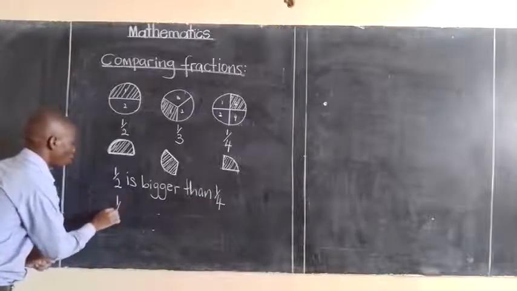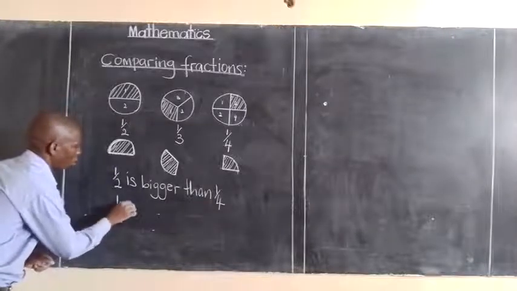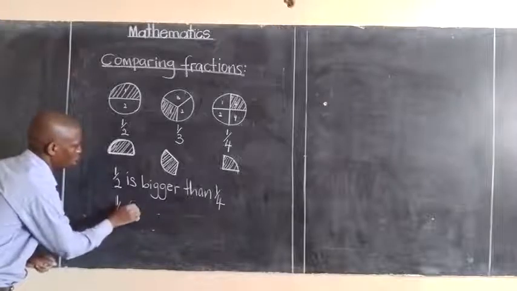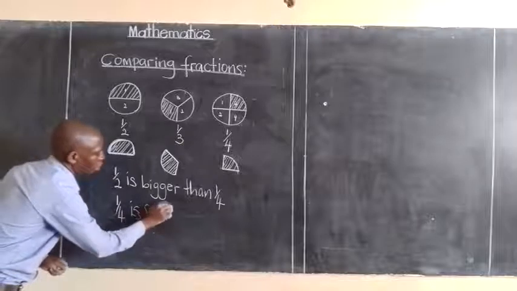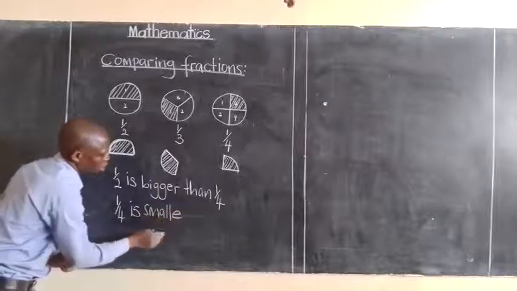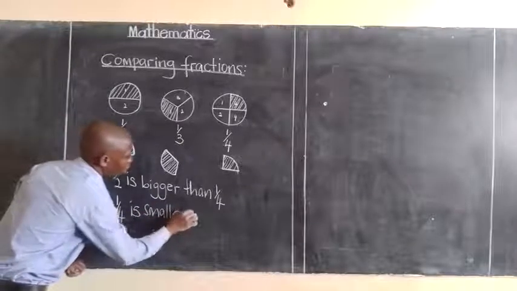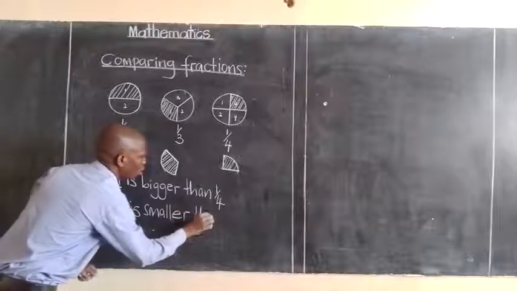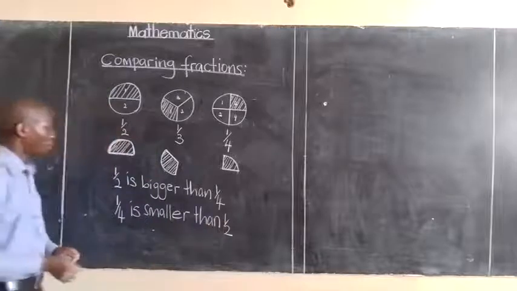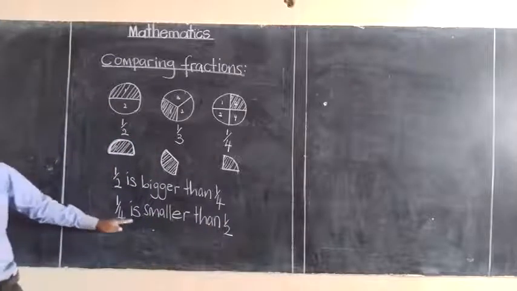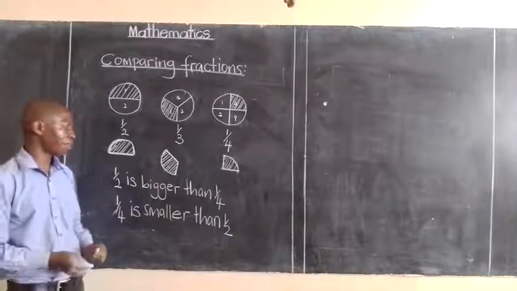So a half is bigger than a quarter. And a quarter is smaller than a half.